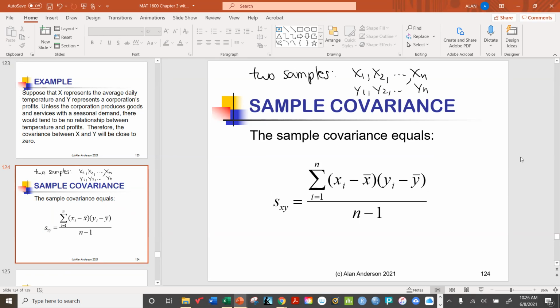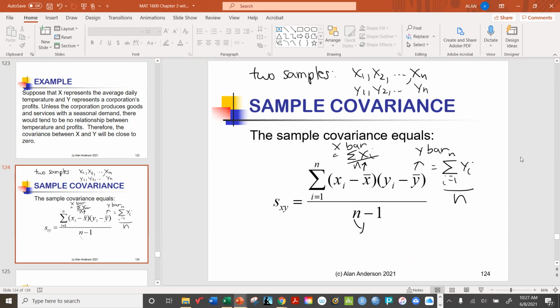And then in sample y, of course, this y bar is the mean of all the y's. It's no different than x bar, which is, of course, the sum of the x's over n.